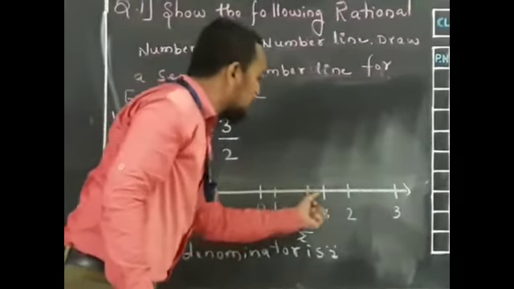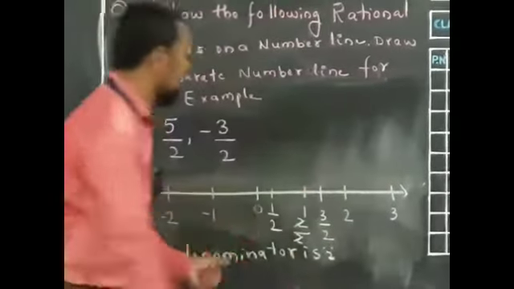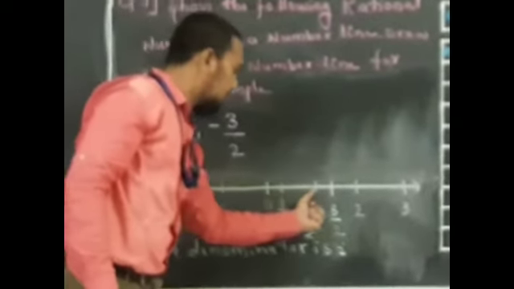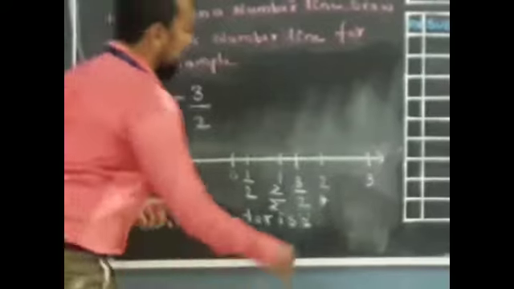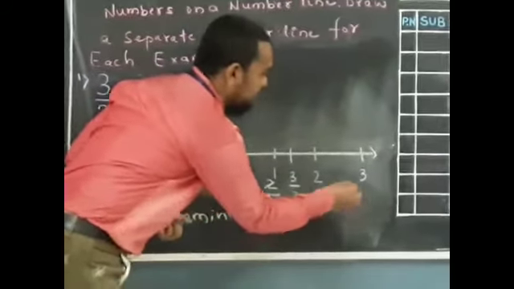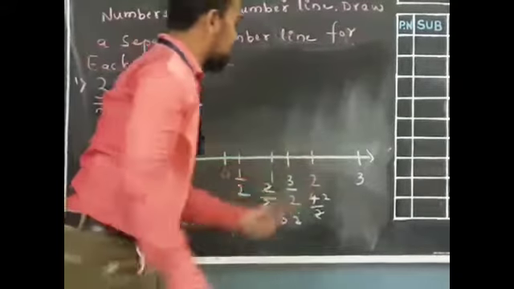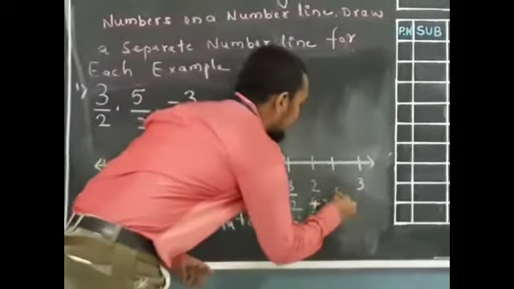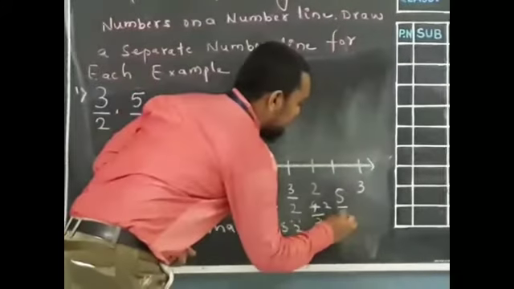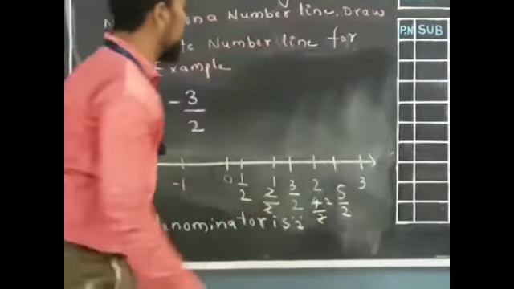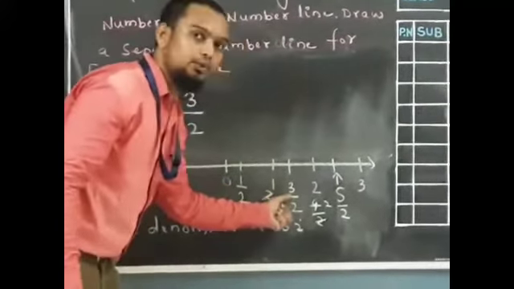Next 0 to 3, 3 as it is upon denominator 2. 0, 1, 2, 3, 4. 4 means 4 as it is upon denominator 2. Next 0 to 5 units upon denominator 2. This is 5 upon 2, and this is 3 upon 2.